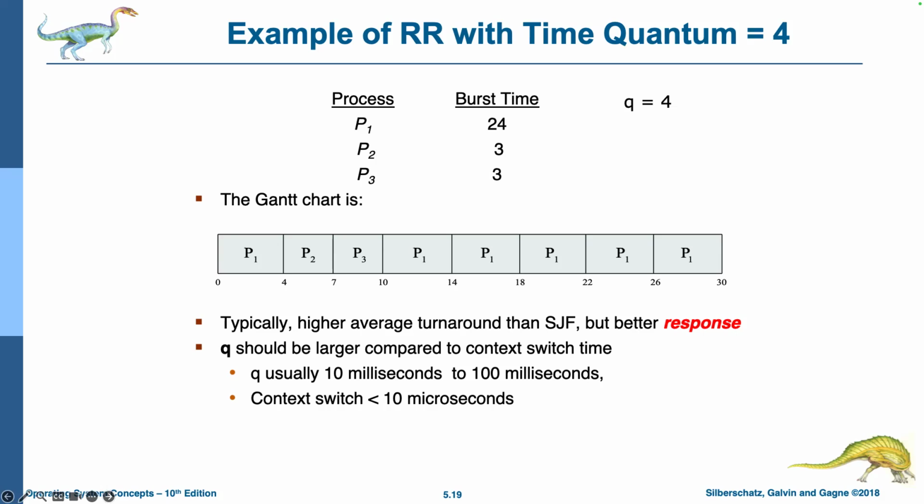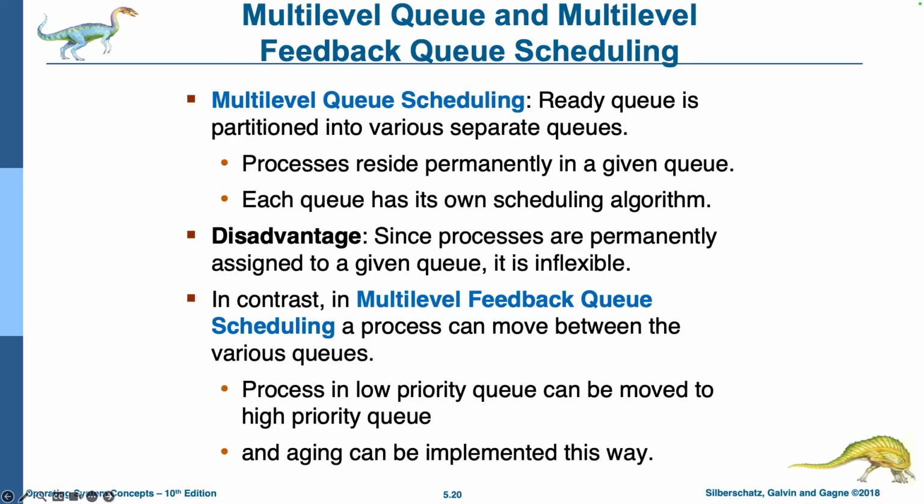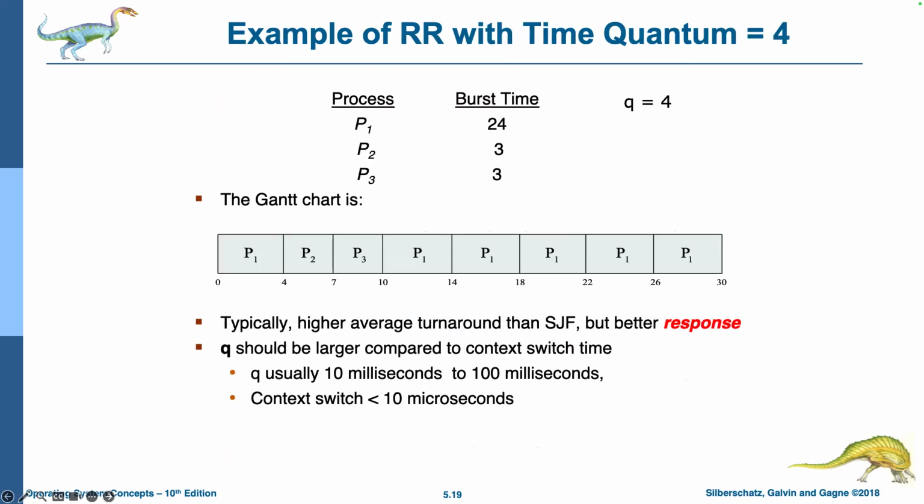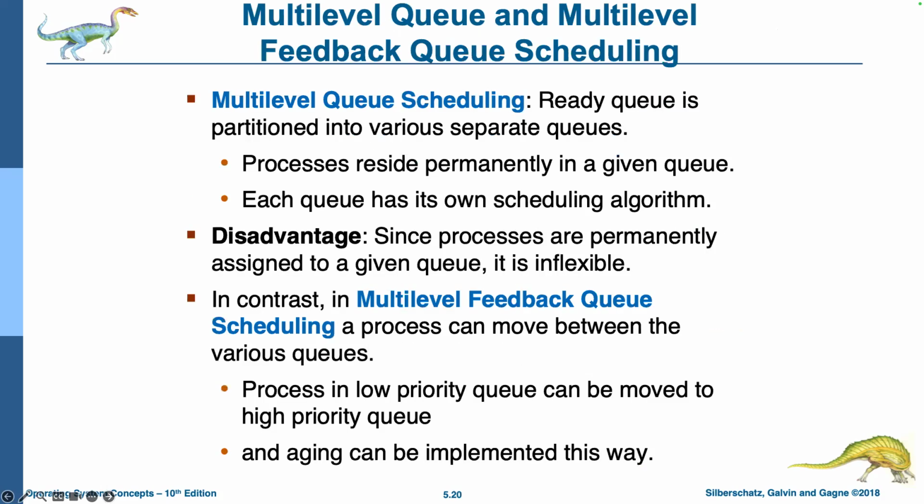The Q, how can we select the Q? Good. I think we already finished this topic. We have 2 minutes left. We already finished most of the multi-level queue scheduling.